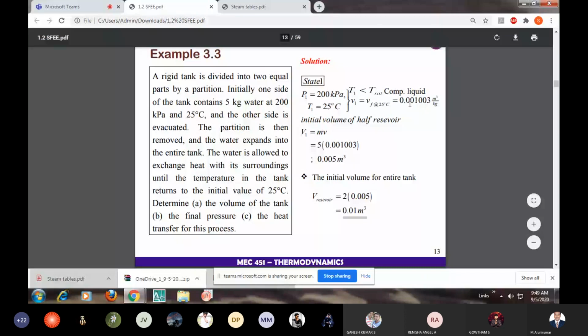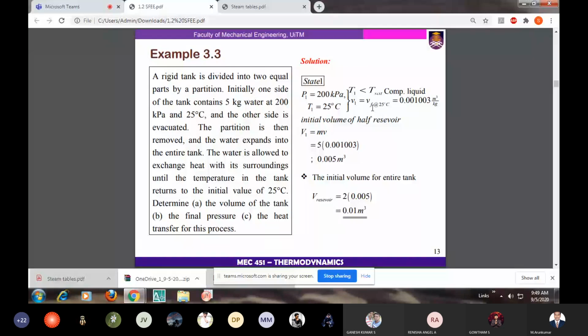Right. So you can take the V1 value equal to VF at 25 degrees Celsius. So we have to go to the saturation VF at 25 degrees Celsius saturation table that will be available in the bottom.